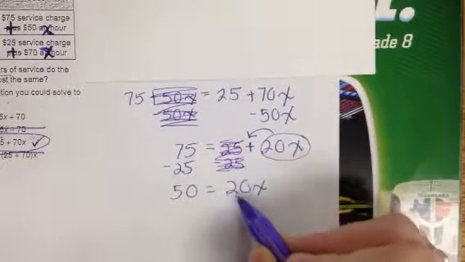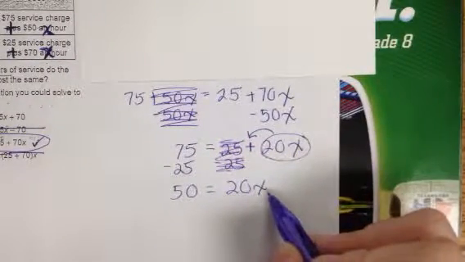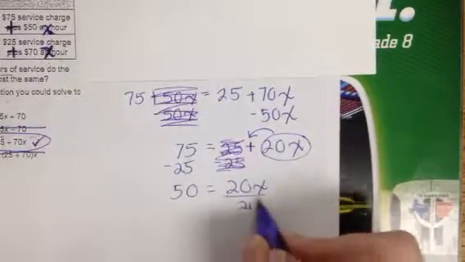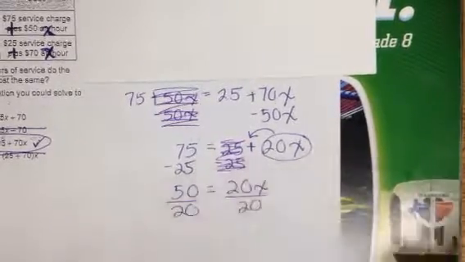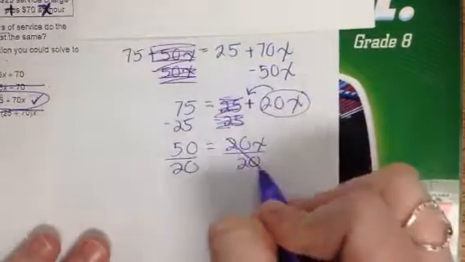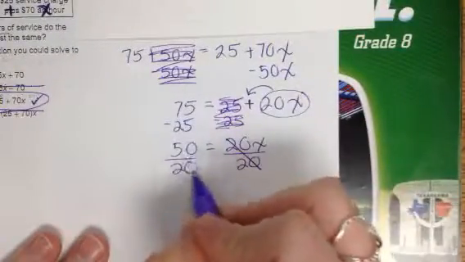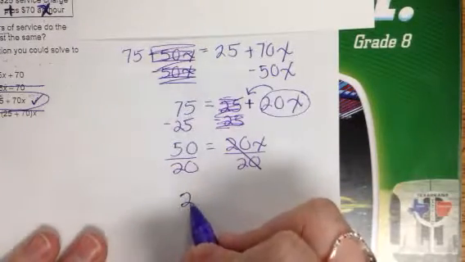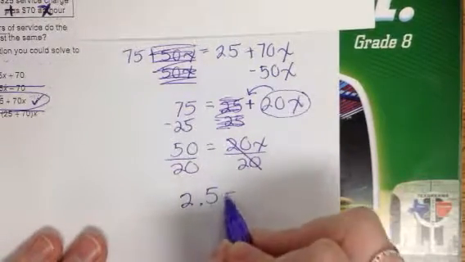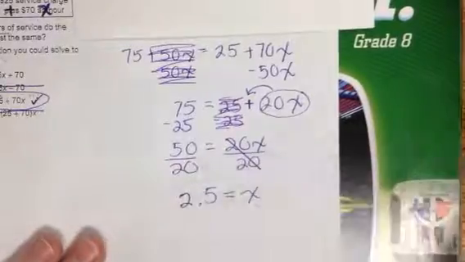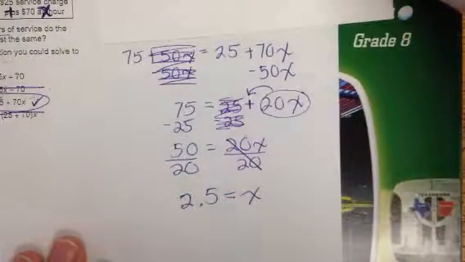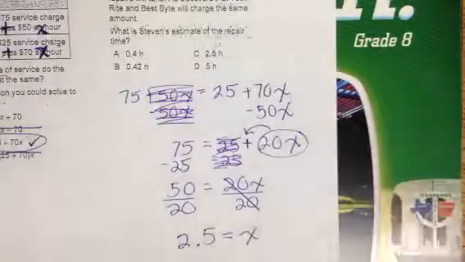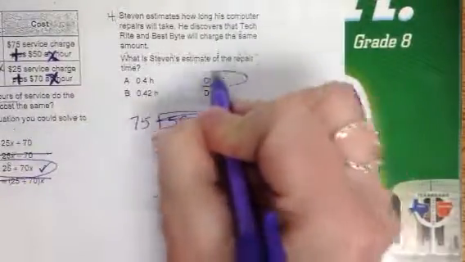It's saying 20 times something is 50. So since they're multiplying, I divide both sides by 20. And that was an answer choice C.